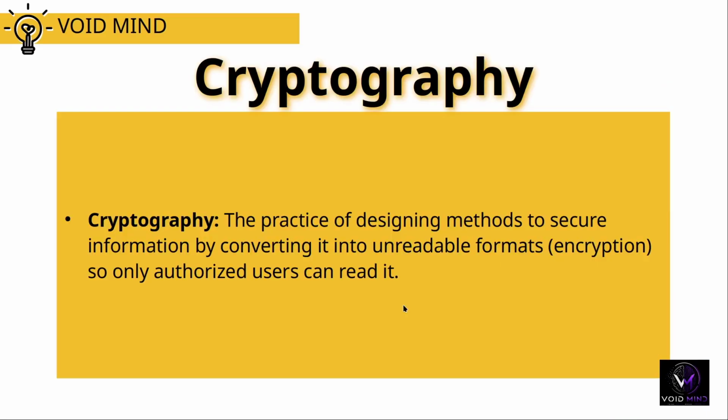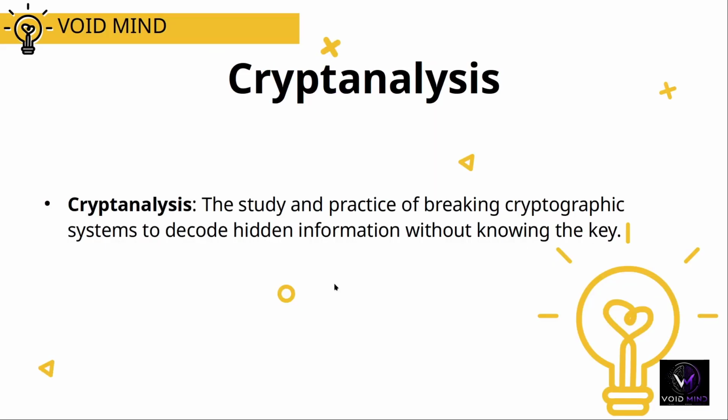Cryptography is the practice of designing methods to secure information by converting it into unreadable formats, encryption, so only authorized users can read it. Cryptanalysis is the study and practice of breaking cryptographic systems to decode hidden information without knowing the key, mainly breaking the ciphertext.